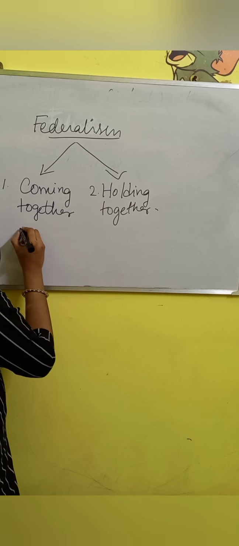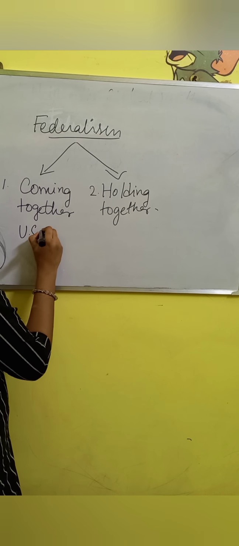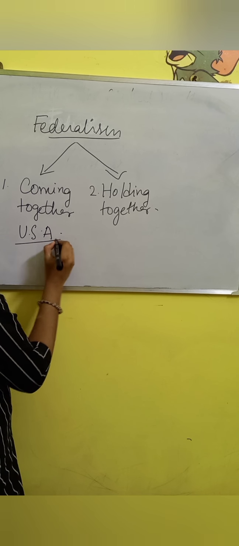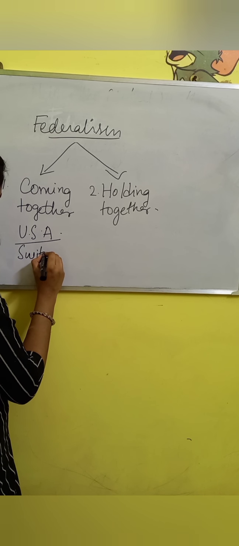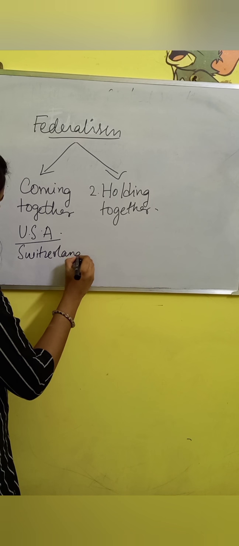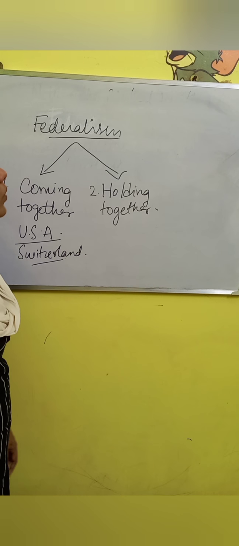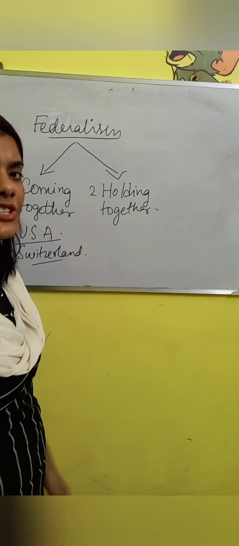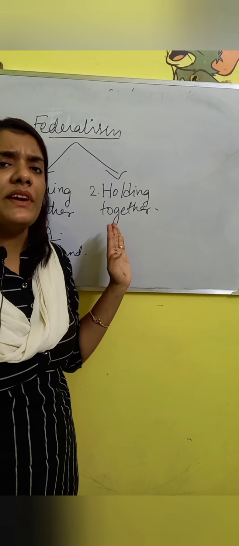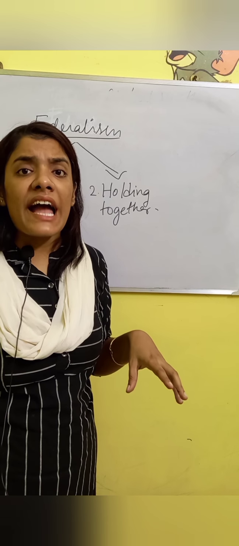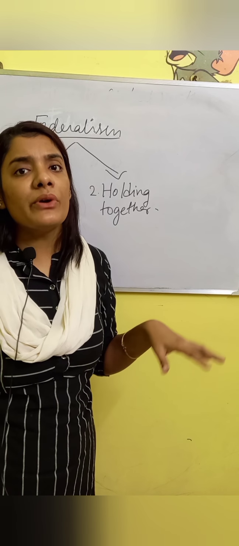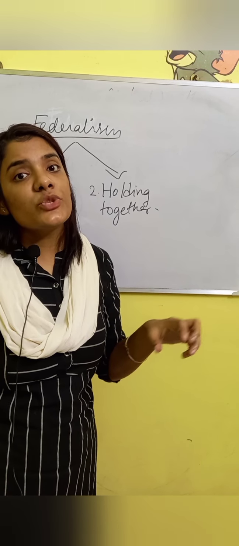An example of coming together federation is the USA. It can also be Switzerland. Now, what do you mean by holding together federation? Holding together federation means when the central government decides to distribute its power among the different constituent units.